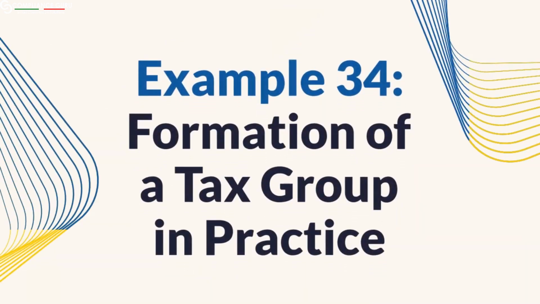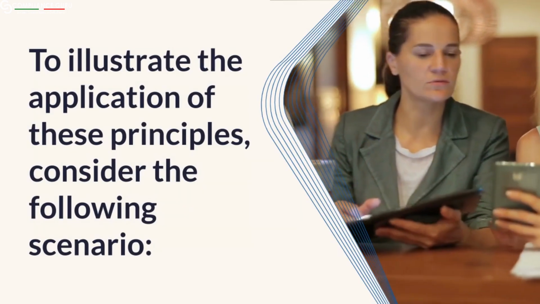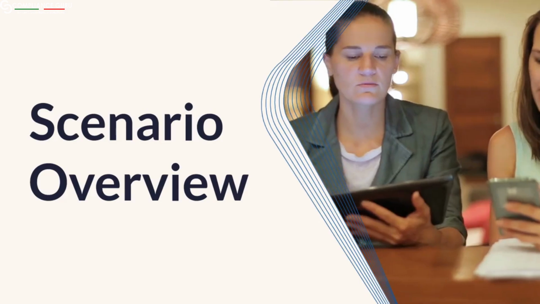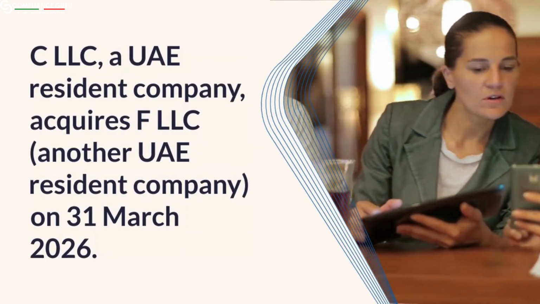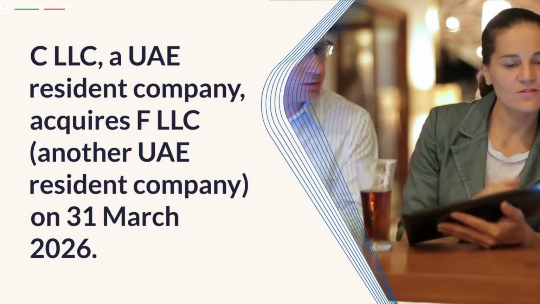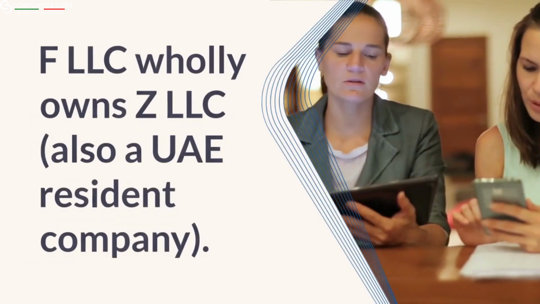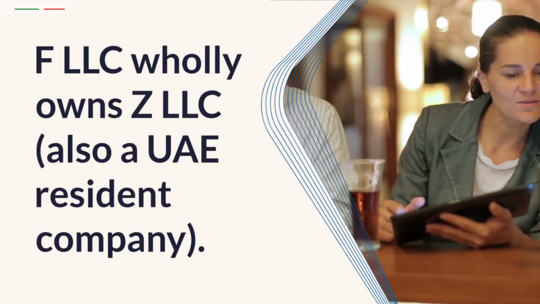Example 34, Formation of a tax group in practice. To illustrate the application of these principles, consider the following scenario. Scenario Overview. C LLC, a UAE resident company, acquires F LLC, another UAE resident company, on 31st March 2026. F LLC wholly owns Z LLC, also a UAE resident company.